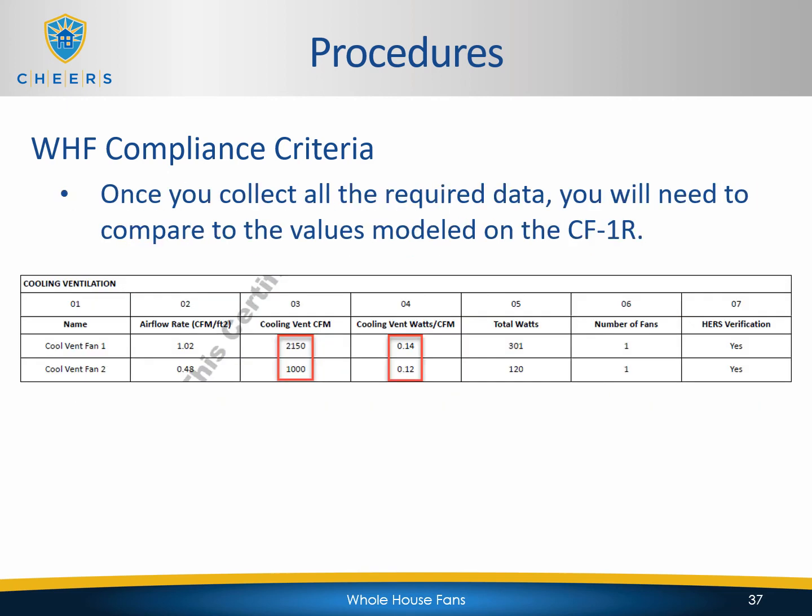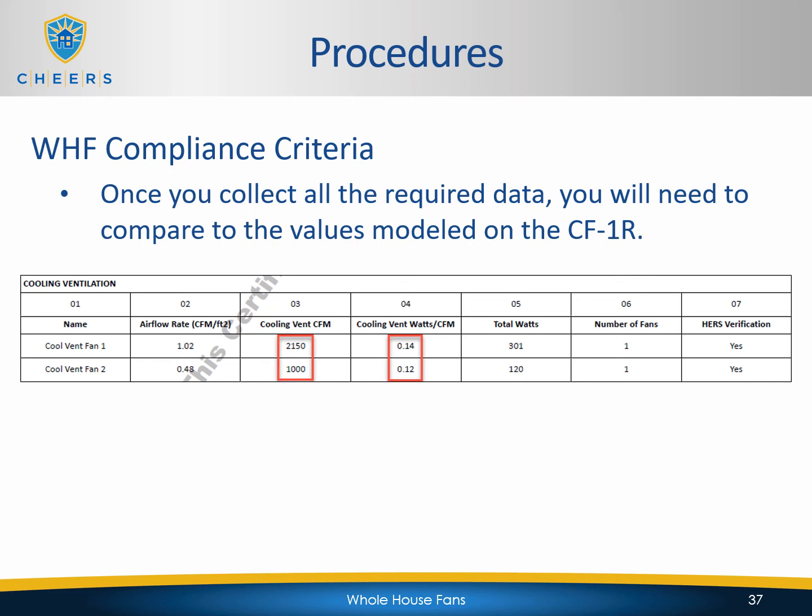So on the CF1R, and this is the performance CF1R, you're going to find a section listed as cooling ventilation. And in this example here, there are two fans that were modeled. They have different CFM values as well as different watts per CFM, different fan efficacy values. So you're going to take your results and compare them to the results that were modeled.